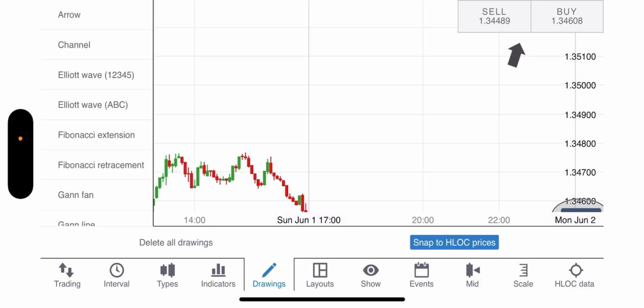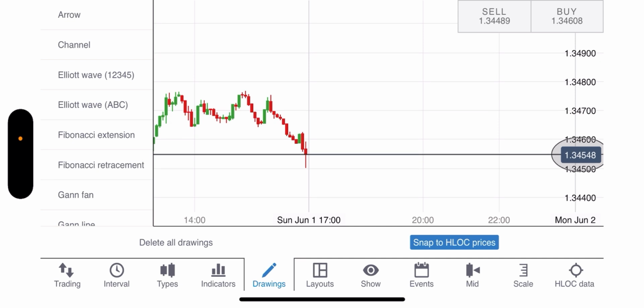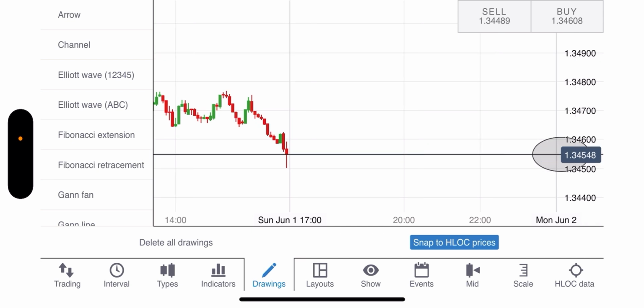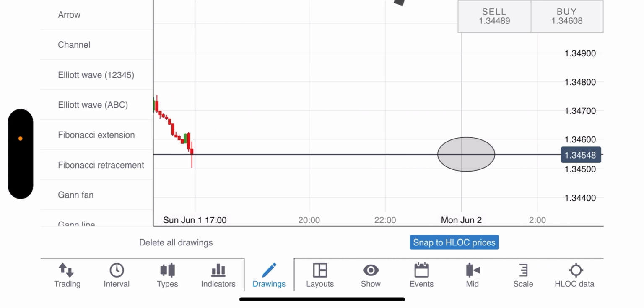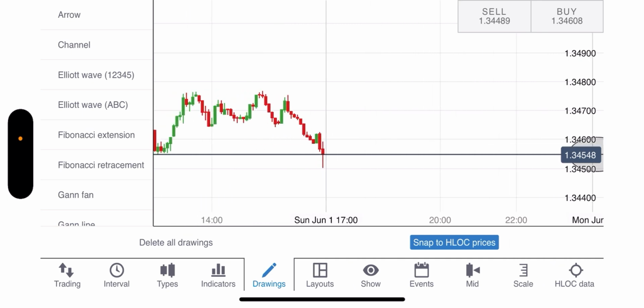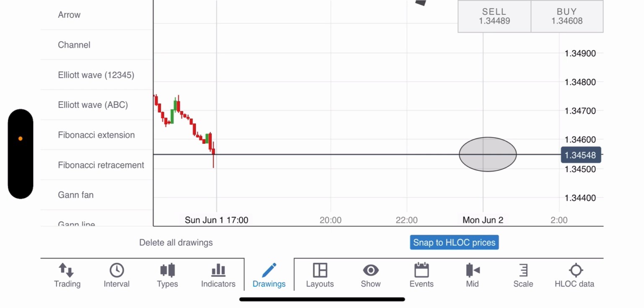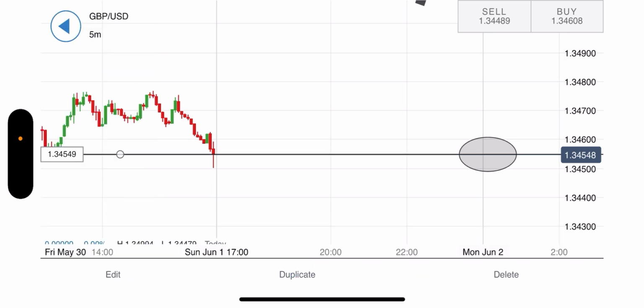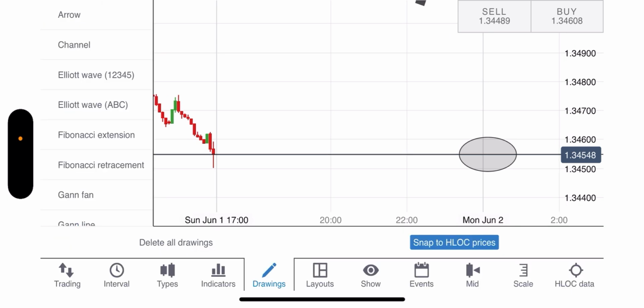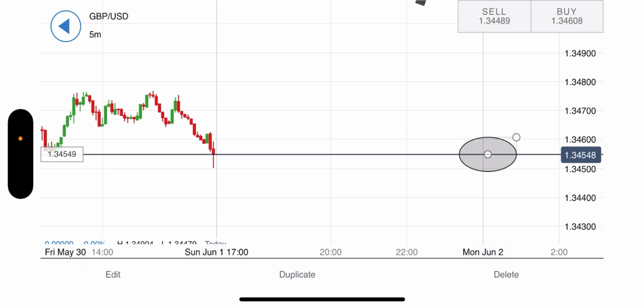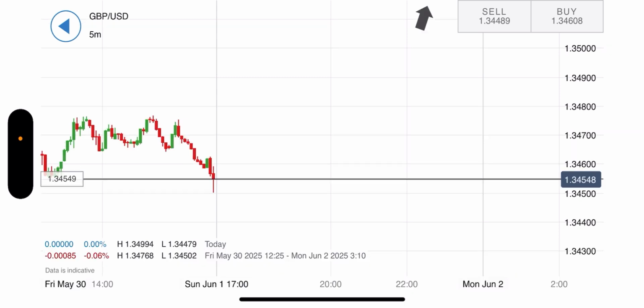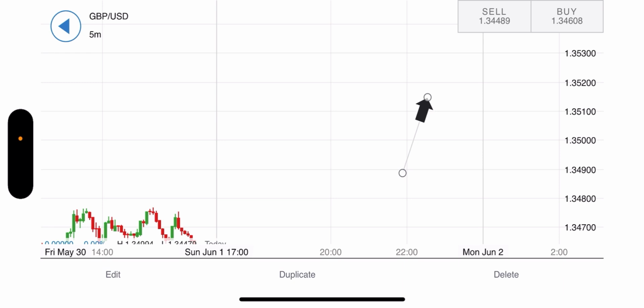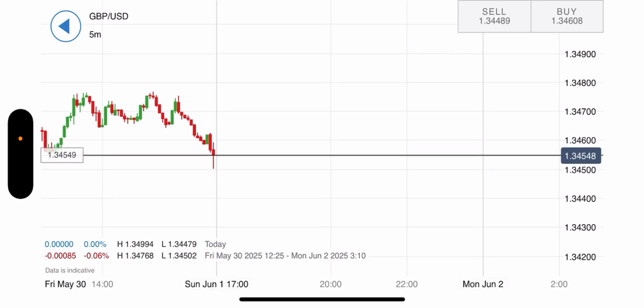So we will come back to this Monday morning at 3 a.m. when the London market opens, and we'll see where we're at in the price at that time. I'm going to delete that oval, and we can delete that arrow as well.